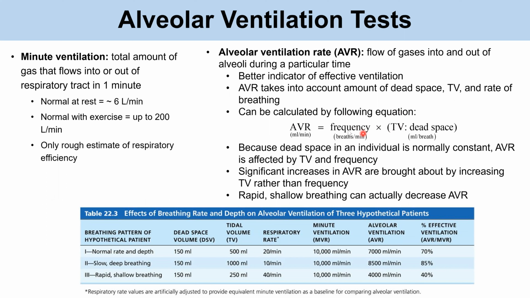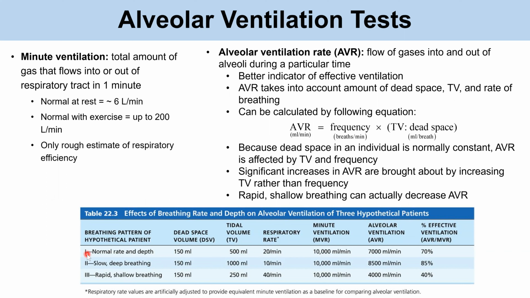Now, significant increases in AVR are brought about mostly by increasing this tidal volume rather than increasing the frequency, because even if you increase frequency by maybe rapid shallow breathing, ultimately that can actually decrease the AVR. So I have this graph down here. It's showing the effects of breathing rate and the depth of breathing on alveolar ventilation in 3 hypothetical patients.